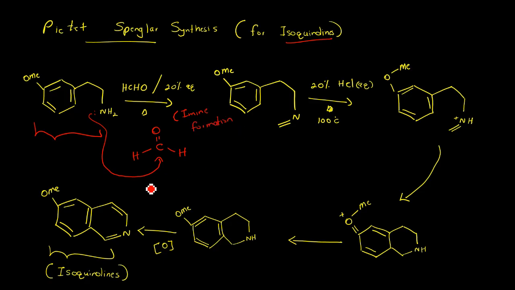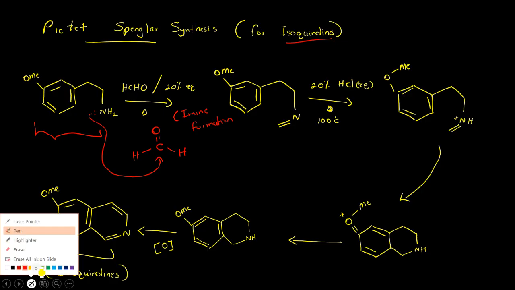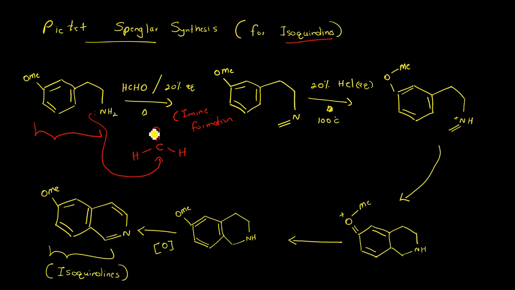A water molecule will be removed from these two compounds. This oxygen over here will be removed alongside these two hydrogens, and a new bond will be formed between the nitrogen and carbon. So this is the new bond that has been formed through this reaction.